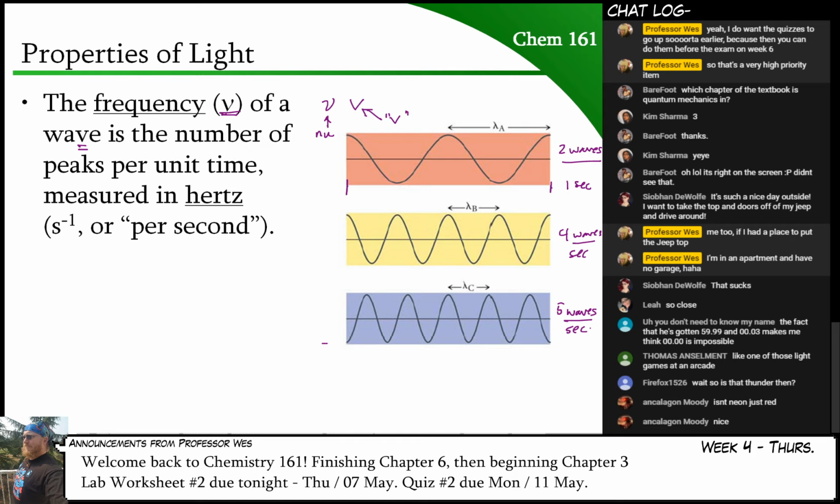Now try and do 5 jumps a second. Jump, jump, jump, jump, jump. One of those is going to be way harder to do, right? In fact, one of them might be impossible. It takes way more energy. So the higher the frequency, the higher the energy.